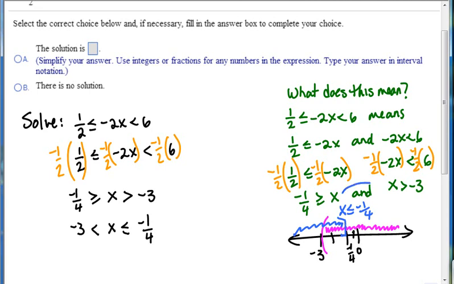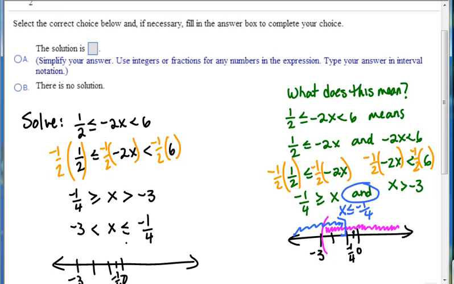With the "and," it means the intersection of the two quantities, the blue and the lavender color. And so we could see that it's in between, which, by the way, is what a compound inequality means. So what this one means, again, we have the -3, the -1/4.